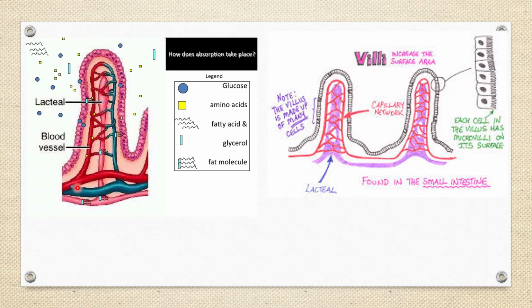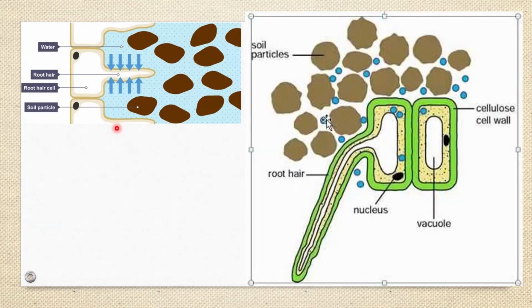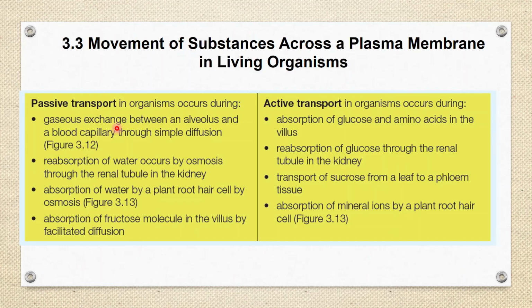This happens by means of facilitated diffusion with the help of carrier protein. So from here, for passive transport, remember we have simple diffusion, osmosis, and also facilitated diffusion. Several examples are given here which you can readily provide when you are asked to give an example.